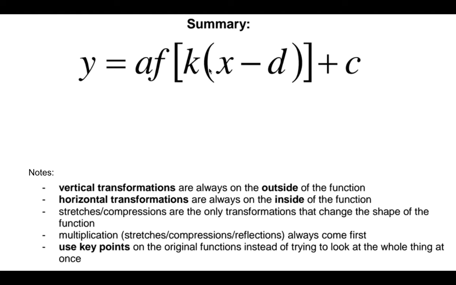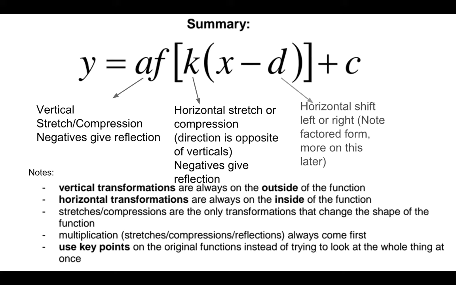So we'll see that when we actually combine a bunch of them. And then shifts would come after, because shifts are really nice to just shift the graph. And then we use the key points instead of trying to figure out what numbers to sub in. We use the key points, and then we look at how those points are changing. And then you can look at some of those notes there too.